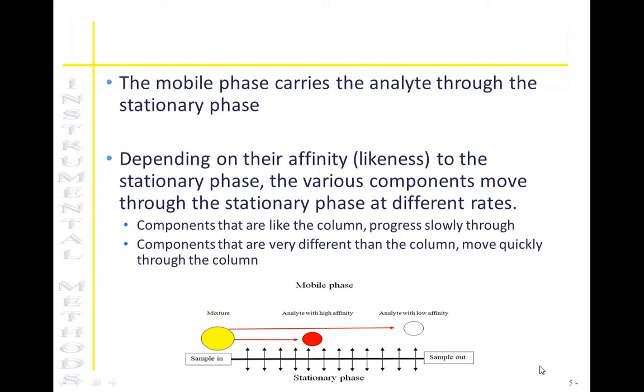So components that are very different from the column itself are going to move through more quickly than components that are a lot like the column itself.